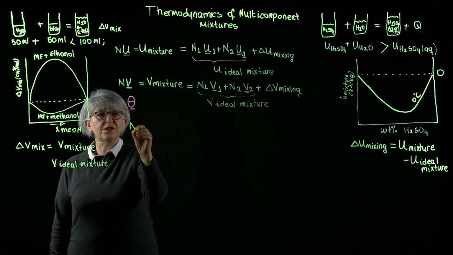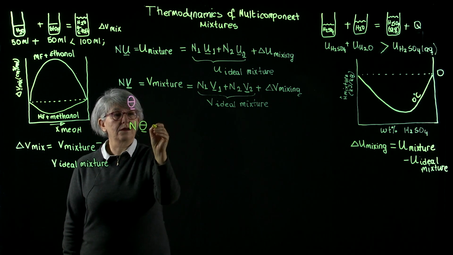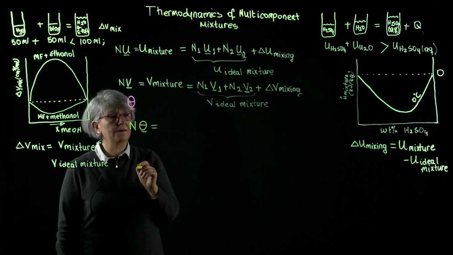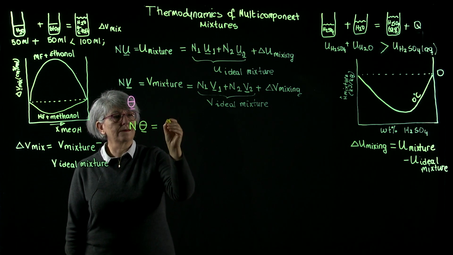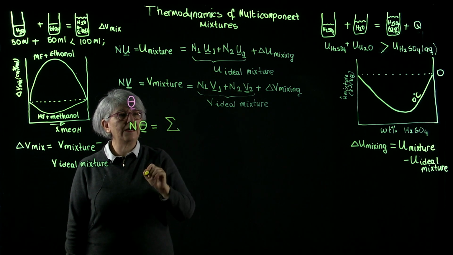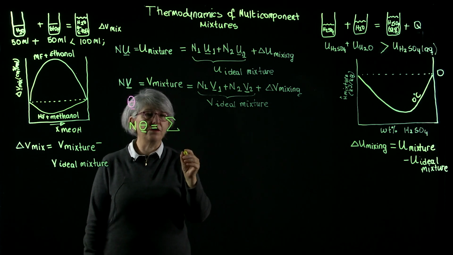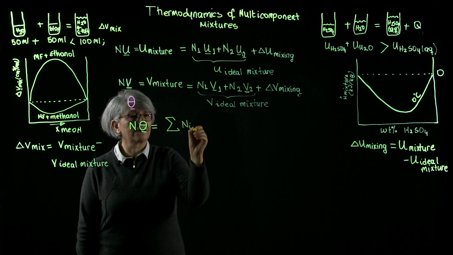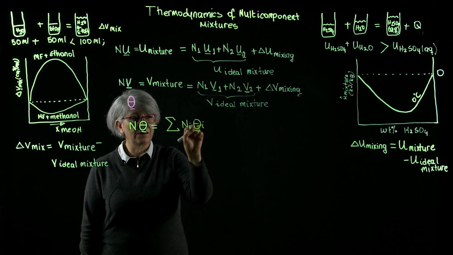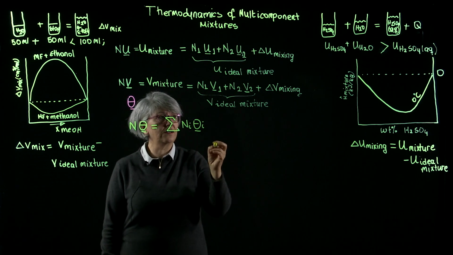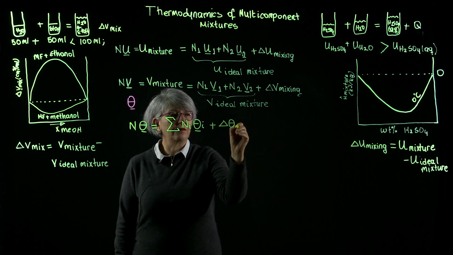I'm going to write this expression for theta, and it is going to be valid for any intensive thermodynamic property. N times theta is going to be, now I generalize my expression. My mixture is no longer binary. My mixture is a multi-component mixture, so this is the pure component value, this is the number of moles that entered into the mixture, plus delta theta upon mixing.